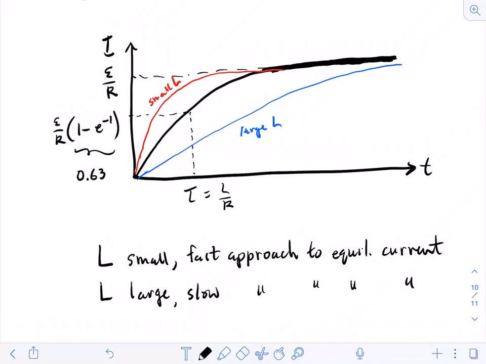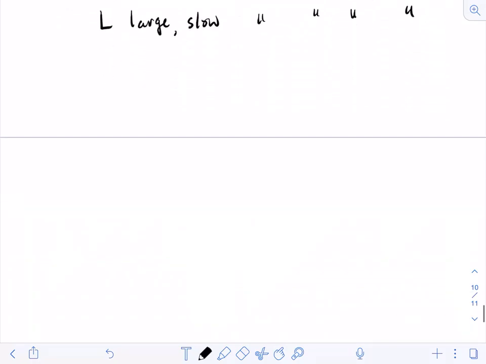Okay, so the very last thing that I want to do is think about, we won't solve the problem, but I'll just set it up. What about a circuit that has an inductor, a resistor, and a capacitor?